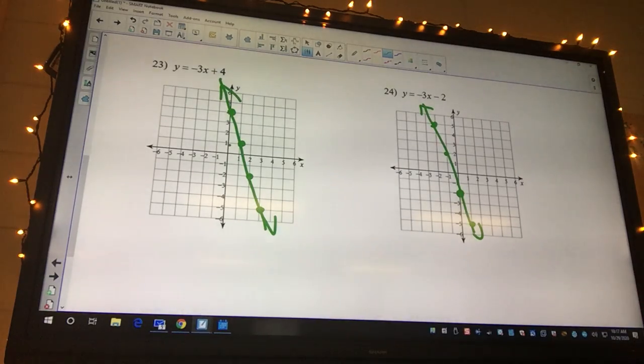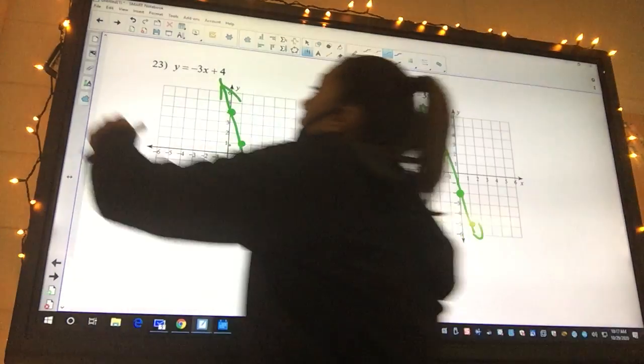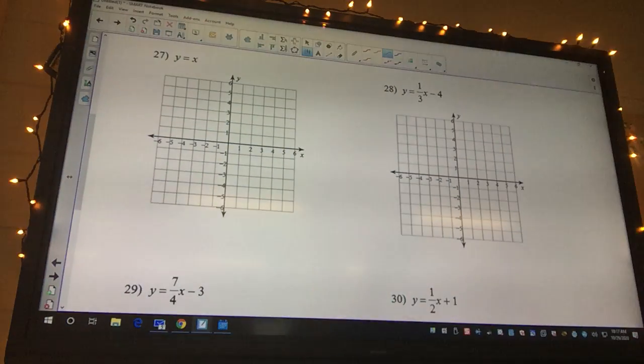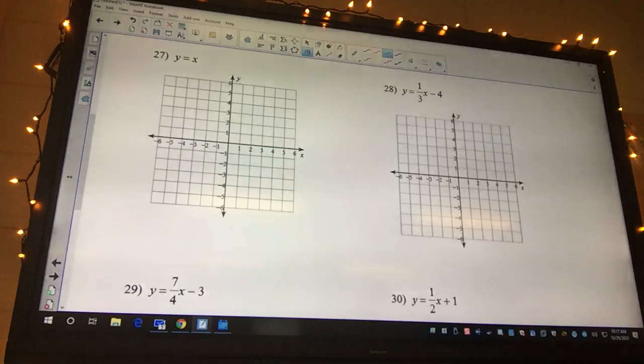Okay, I'm going to do one more on the back, which is 27. Okay, so 27, what is our y-intercept? If there's nothing there, what is it? 0. It's a 0. Okay, and this is where I think math is so crazy.